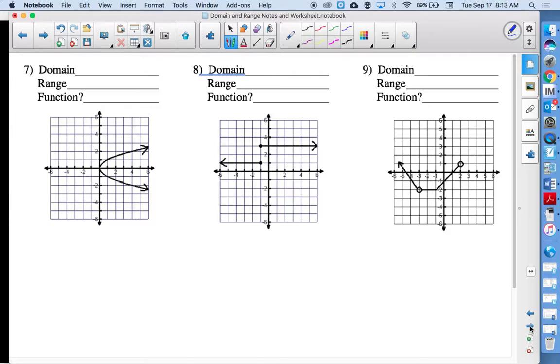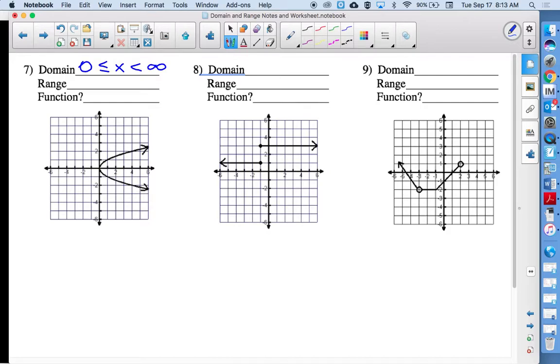Emma, what do you think the domain is for number 7? So where does it start on the left side? It starts at 0. And then where does it go on the right? Infinity. Okay, so we could write it like that.